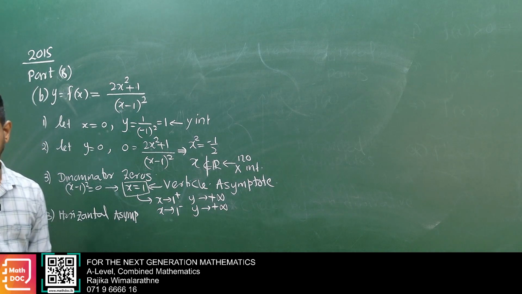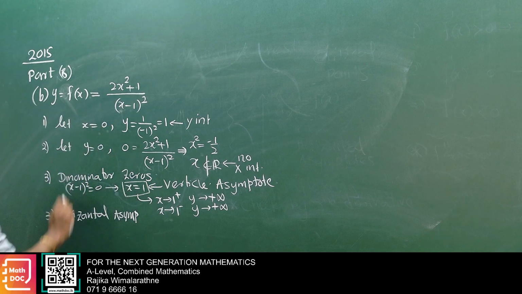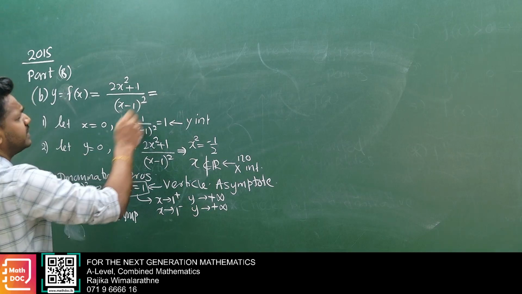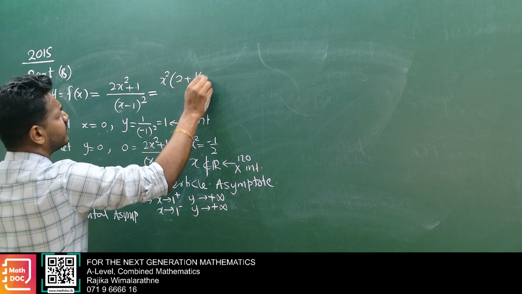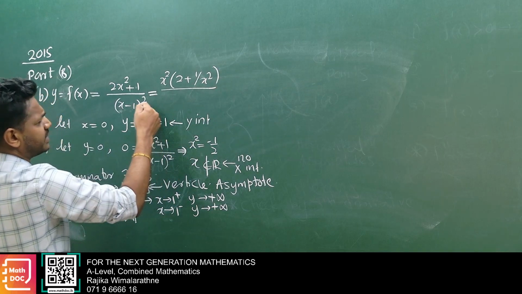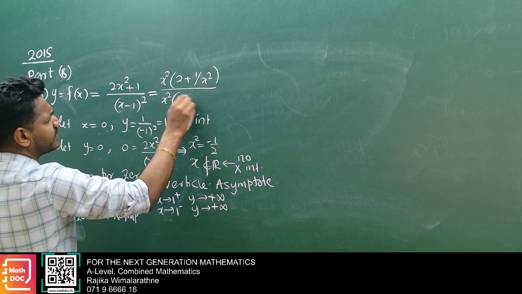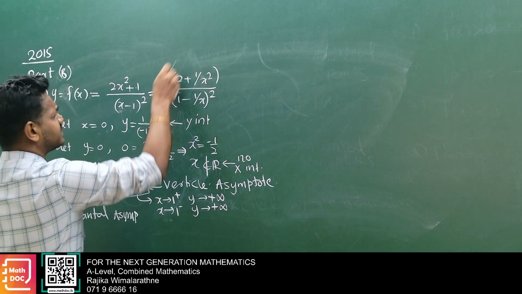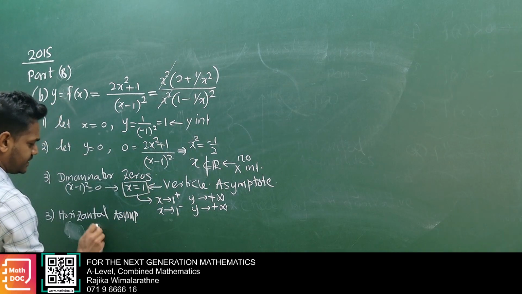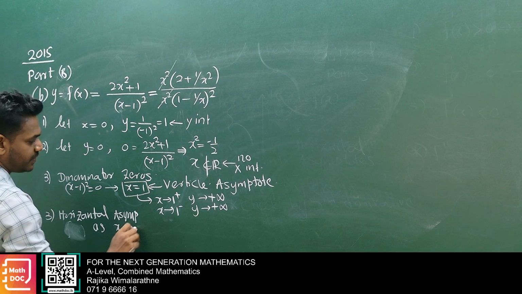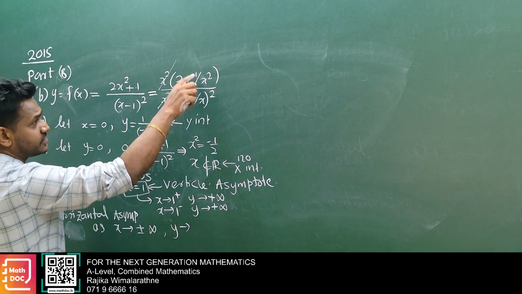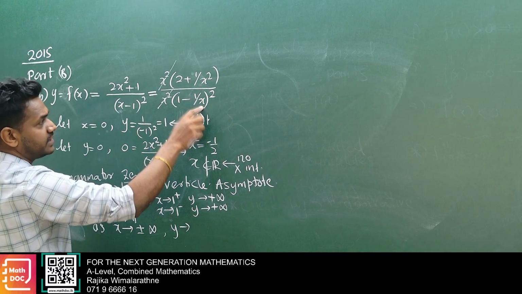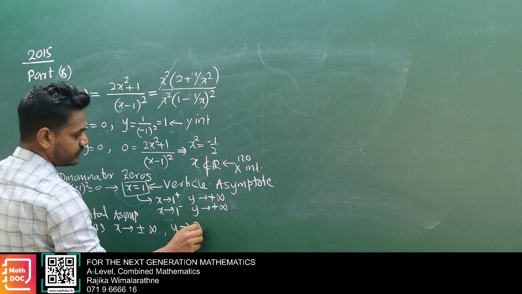Here the procedure: you arrange this function, take the maximum power term outside, here take x squared outside, then cancel this x squared. Then as x goes to plus or minus infinity, here 0, we get the answer 2 divided by 1, 2.